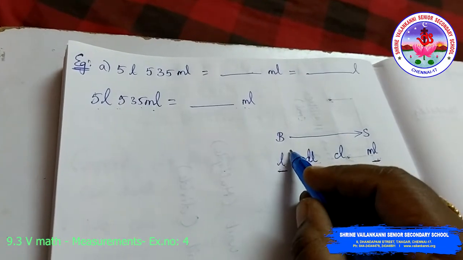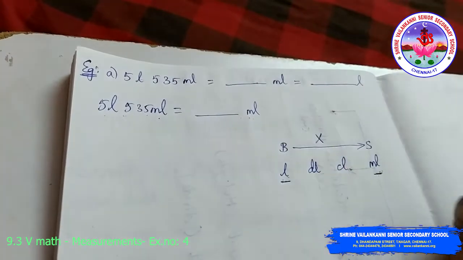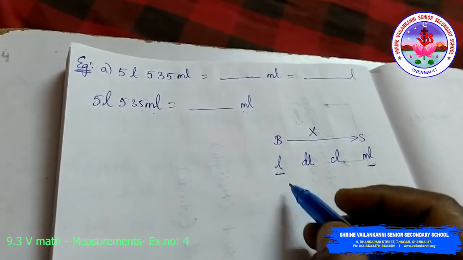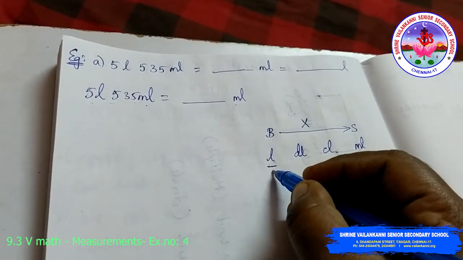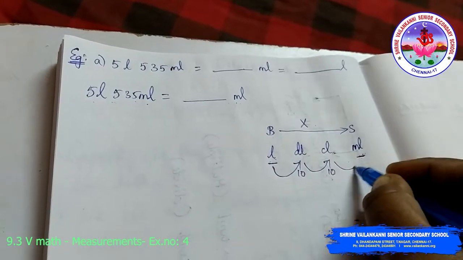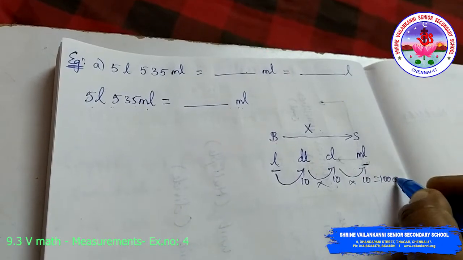When we convert a bigger unit to a smaller unit, we do multiplication. Multiplication with what value? As I told you, each unit is 10 times bigger, so 10, 10, 10, altogether 1000.